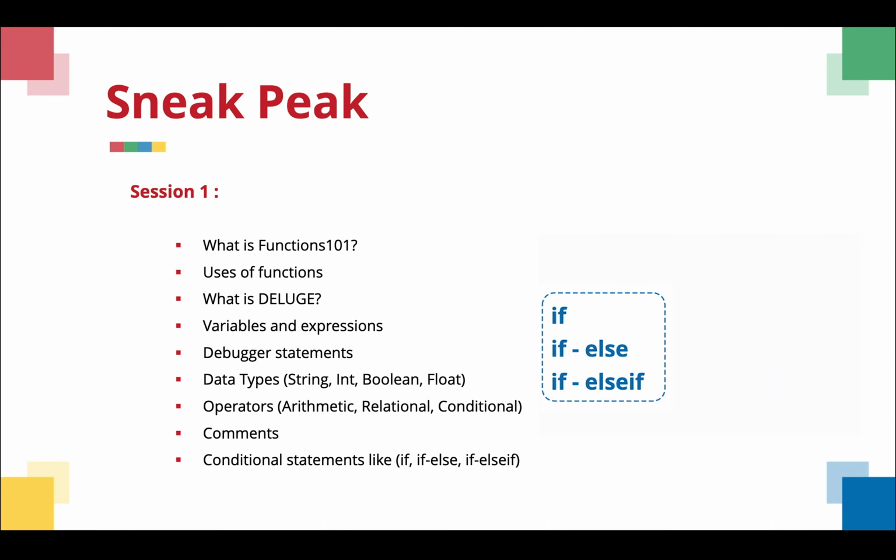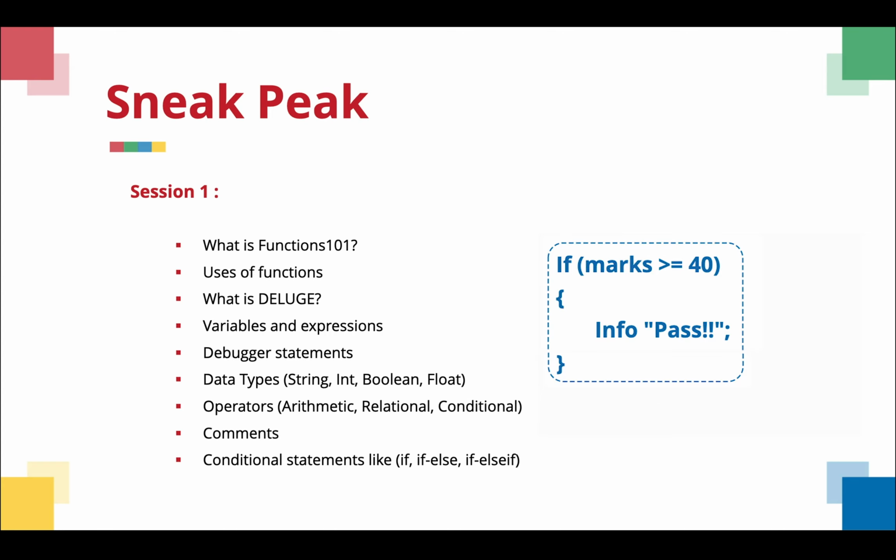Right. The next thing we spoke about last time is the conditional statements. And I guess that's the last thing we spoke about. We have three types. There's the if, there's the if-else, and there's the if-else-if. Now, let's take the example of the marks again. If the marks are greater than 40, then yes, the student has passed. Now, if-else.